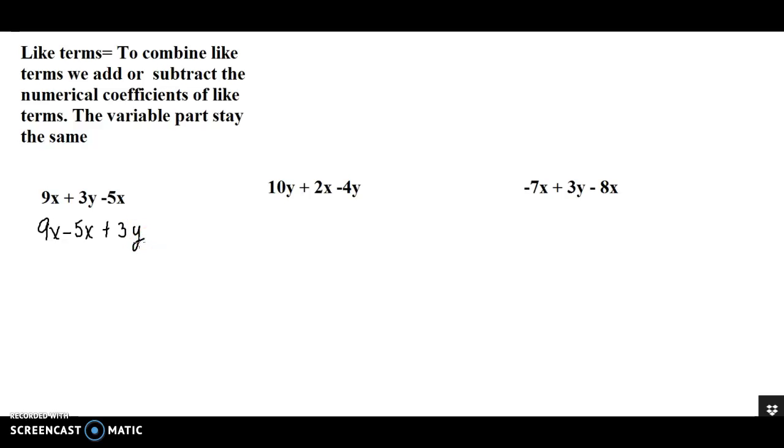So 9x minus 5x gives me 4x, then plus 3y. I'm going to rearrange this. 10y minus 4y plus 2x. 10y minus 4y is 6y plus 2x.